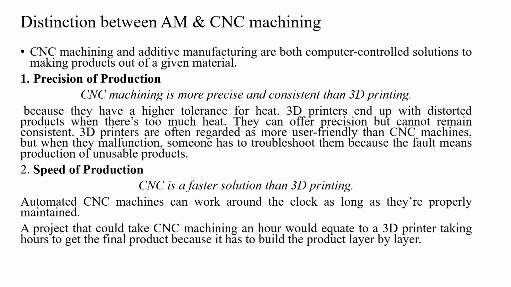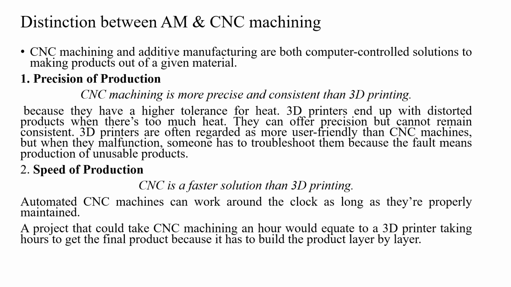Whereas 3D printers end up with distorted products when there is too much heat. Though 3D printing machines can offer precision, they cannot remain consistent. 3D printers are often regarded as more user friendly than CNC machines, but when they malfunction, someone has to troubleshoot them, because the fault means production of unusable products.